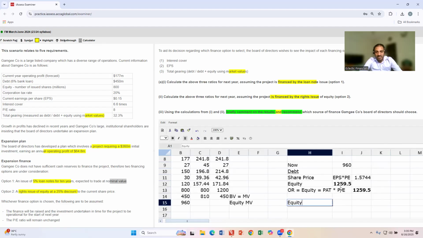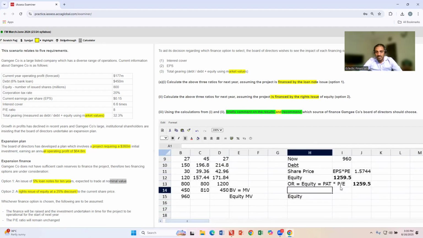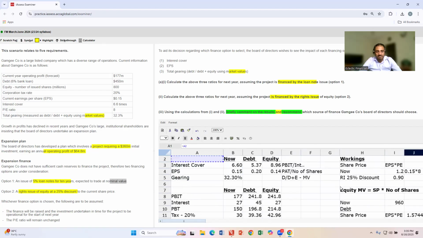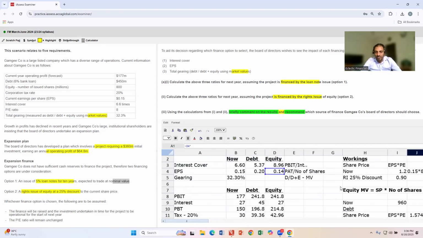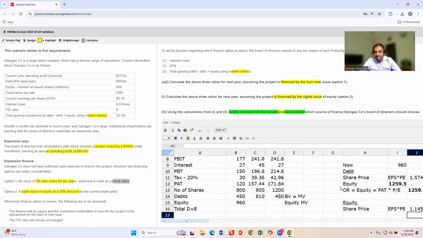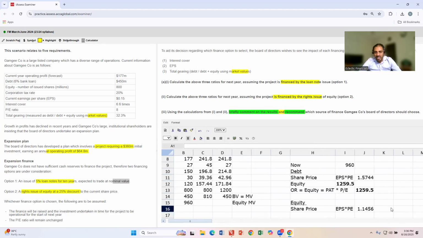Same case for equity. In the case of equity, what's the share price? Your examiner did the calculation with per share price. EPS, students, are you with me? 0.14 into 8. Here the question mentioned that P becomes same.